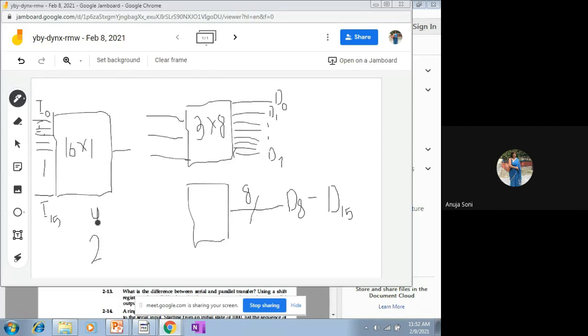So 4 select pins are required in order to construct your multiplexer. If the size of the multiplexer had been 4:1, then convert 4 into 2 raised to the power 2, which means 2 select pins would have been needed.